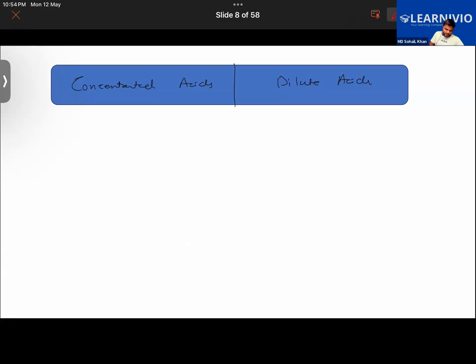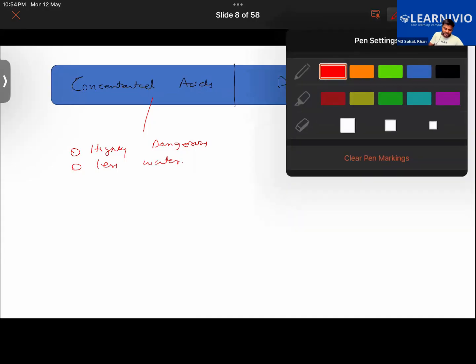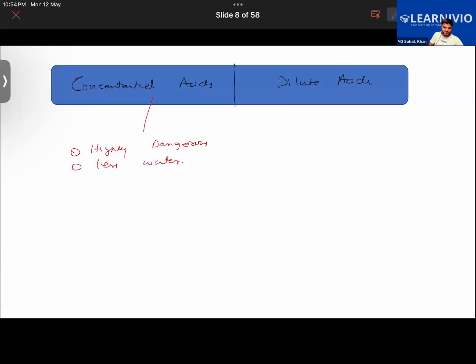They are highly dangerous and contain less water. Since these acids can cause so much damage, generally concentrated acids are mixed with water to dilute them. Such acids in which water has been added are called dilute acids.